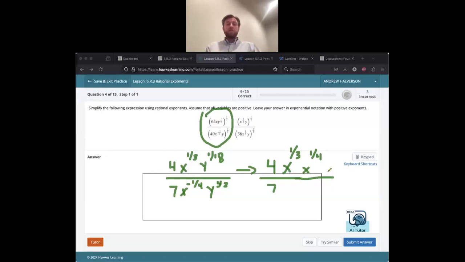Would you come out with the same answer if you subtract negative 1/4 from 1/3? You could. Remember, it's 1/3 minus negative 1/4, so it would become 1/3 plus 1/4. Here we would actually add these two because we brought it up.